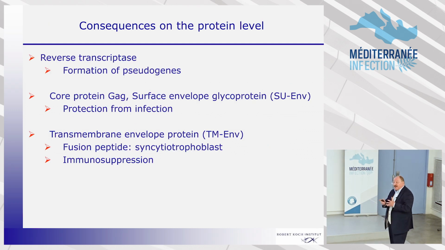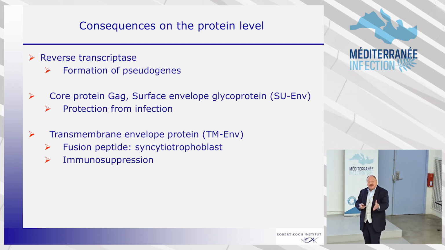What are the consequences on the protein level? First, the reverse transcriptase is also able to transcribe, let's say, messenger RNA into DNA, and then this DNA can be integrated as a pseudogene of a cellular gene. Then we have core protein and surface envelope protein.